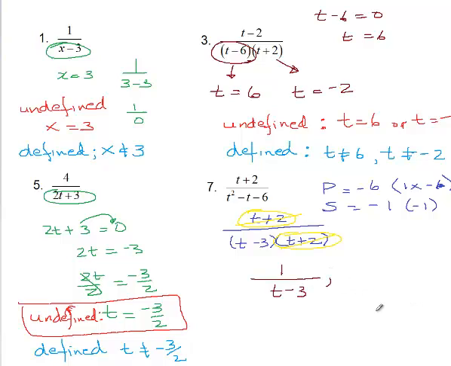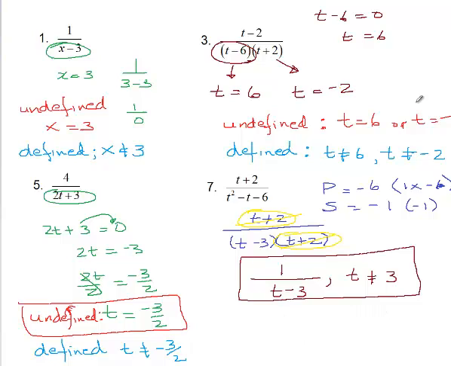Anytime you write a rational expression, you should be saying where it is undefined or defined. And you would see this written after it, which means every other value for t except 3 will work in this expression. So that's the proper way to write a rational expression at the end. Simplify it and then tell where it's defined.